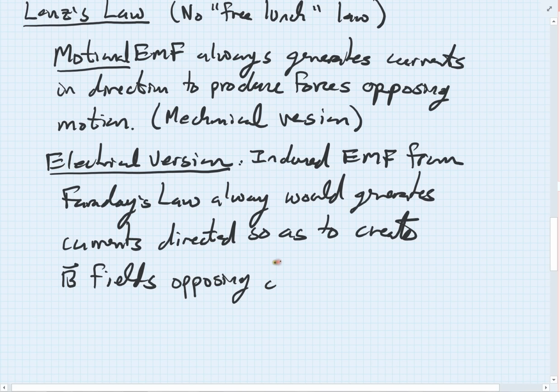So, more generally speaking, both of these laws find a way to oppose the change in flux.